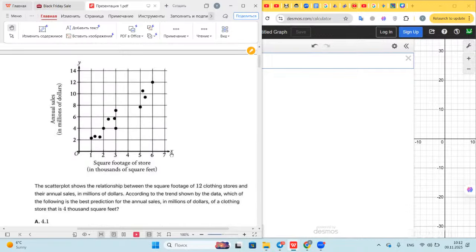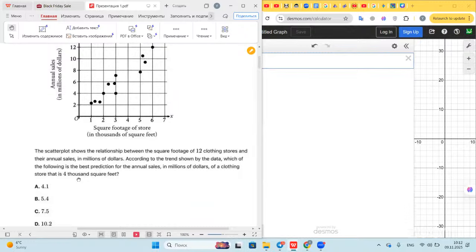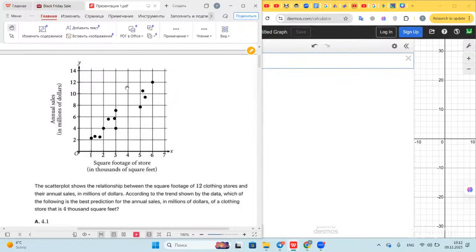Okay, what do we do here? In this question, look, 4,000 square feet. We should find 4,000 square feet here and approximately find what we need. For example, from here we draw a line, and this line approximately here. Okay, the line of best fit approximately will be like this.